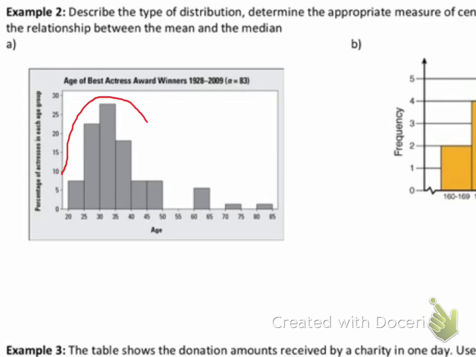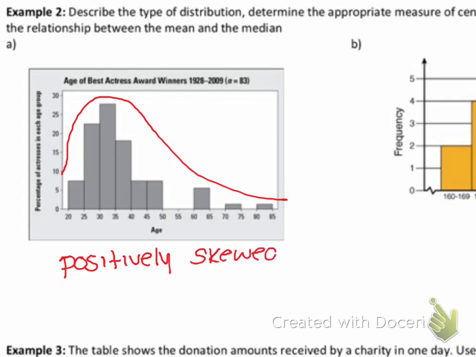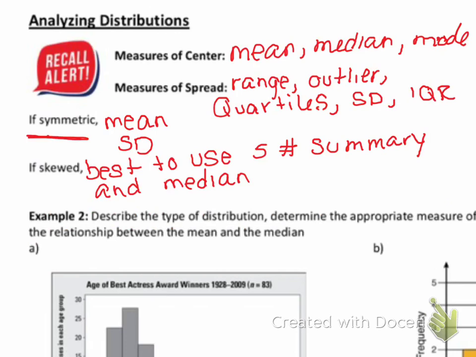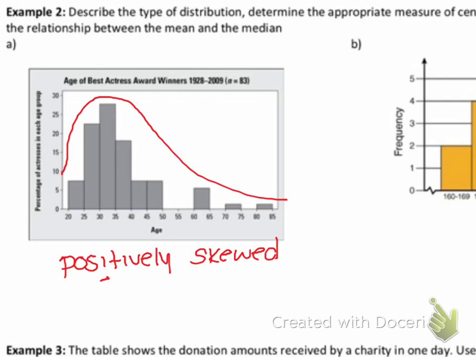So I would say it is positively skewed. Therefore, it's not symmetrical, and according to my last slide, if it's not symmetric, I want to use my 5-number summary will be best, along with using the median, because my mean in this case would be skewed to the right, skewed positively.